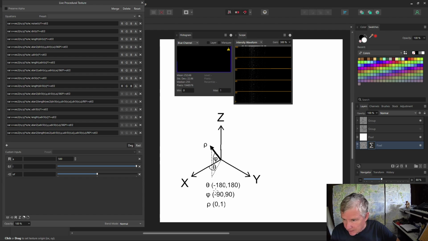The angle theta could typically range from minus 180 to plus 180 degrees, and then phi might typically go from minus 90 up to 90. If we're varying the radius randomly, it would vary from 0 to 1.